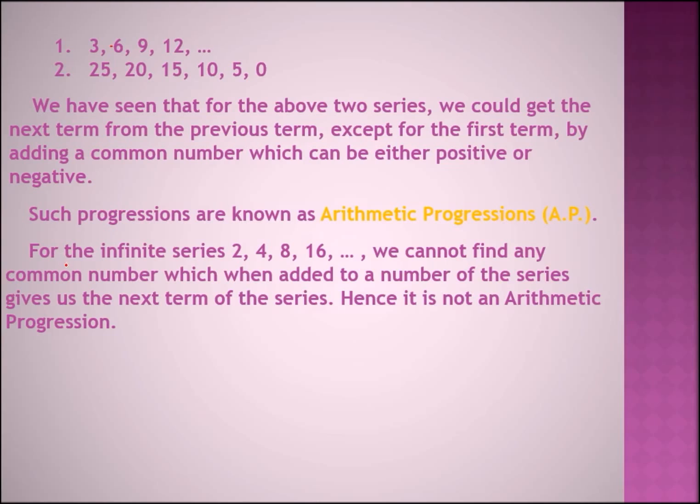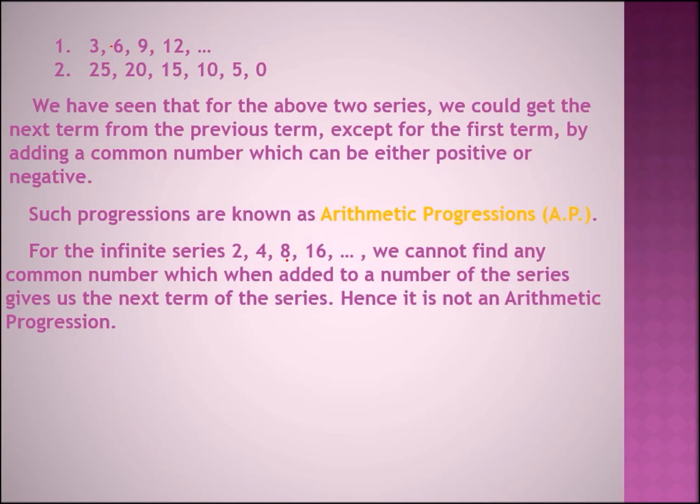Now coming to the third series. For the infinite series 2, 4, 8, 16 and so on, we cannot find any common number which, when added to a number of the series, gives us the next term of the series. 2 plus 2 is 4. But if we add a 2 to this 4, we will be getting a 6, not 8. 4 plus 4 is 8.